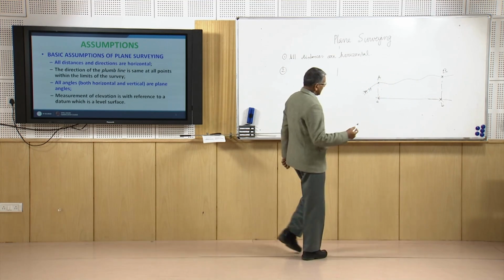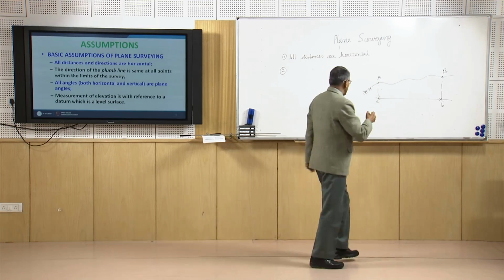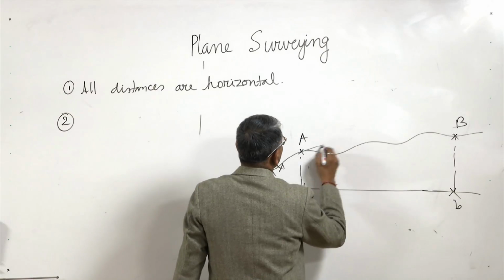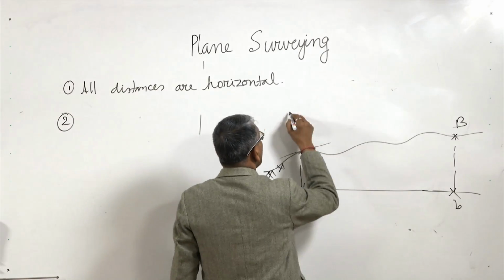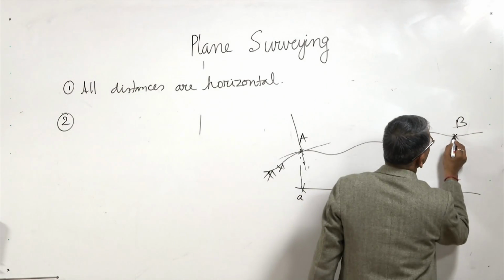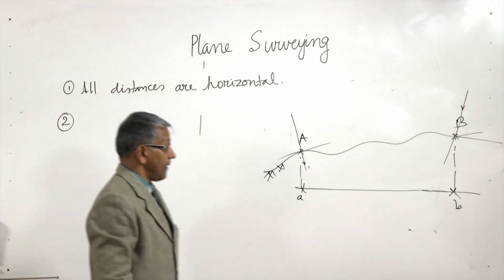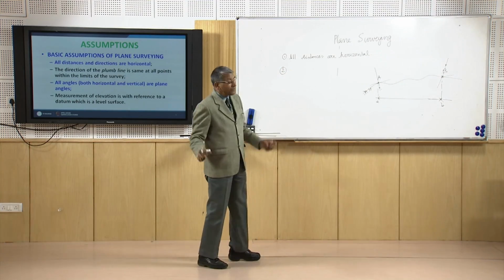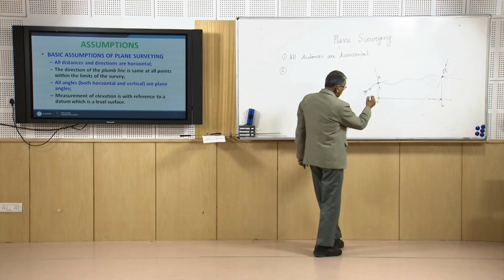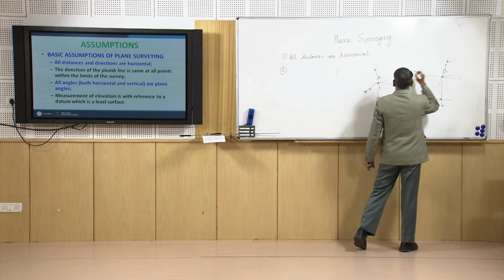Now you know that if we hang a plumb bob, the plumb line will be perpendicular to, that is, tangent to, the surface here, and the tangent at another point will be different. But in the case of plane surveying, we assume that these are parallel.